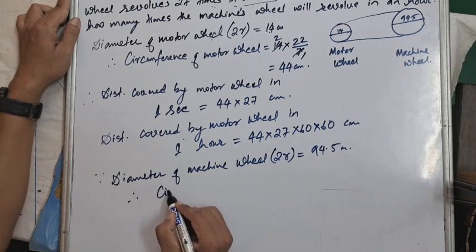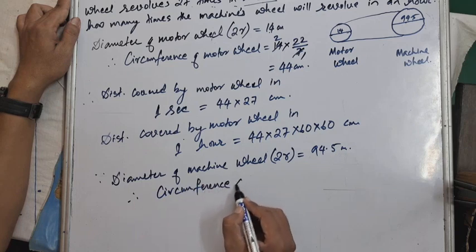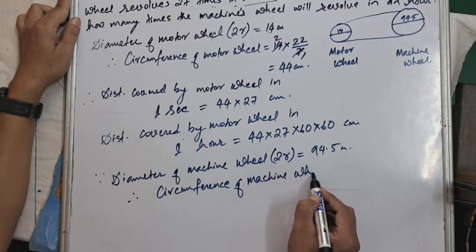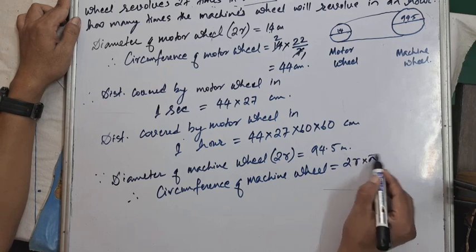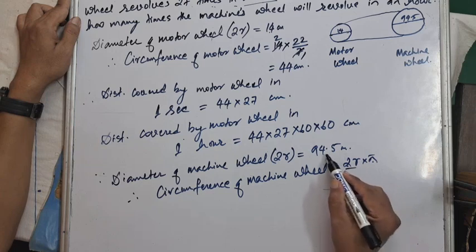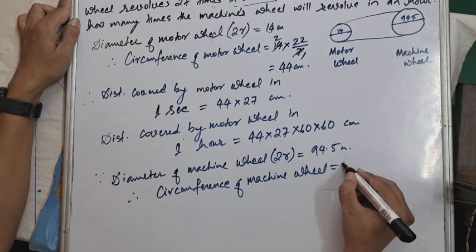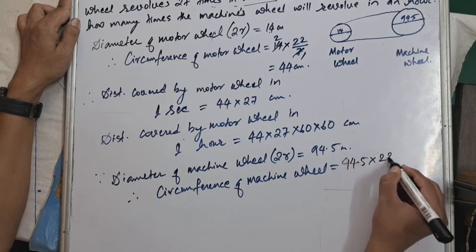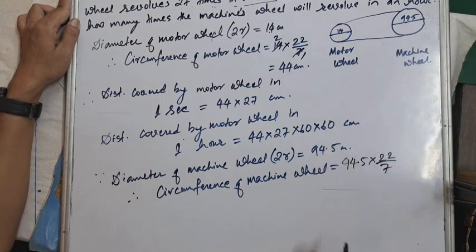Therefore circumference of machine wheel is equal to 2r into pi, 2 pi r, isn't it? So 2r means 94.5 into pi, which means 22 by 7. So this is the circumference of this machine wheel.